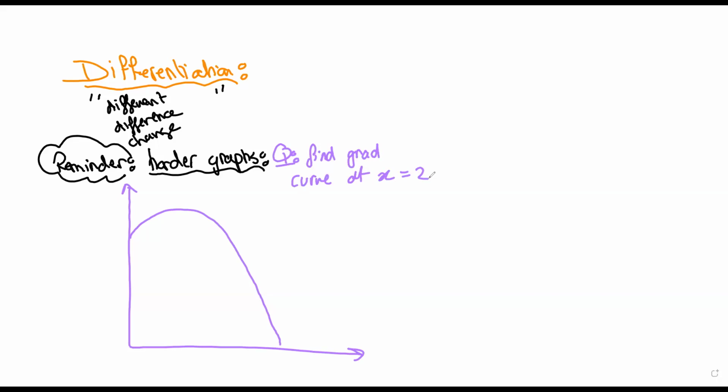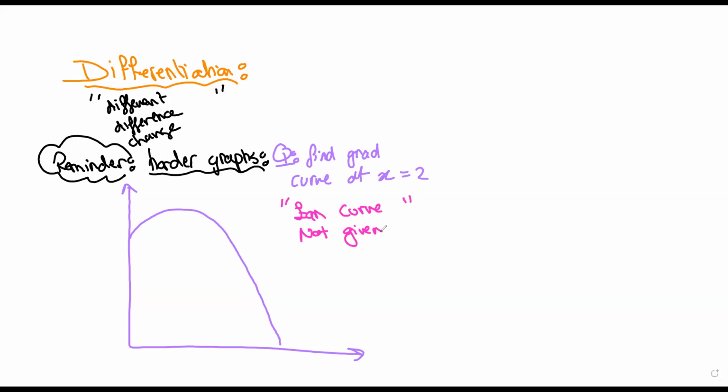So let's just remember together, how did we solve this question? And if you look at this example, you will find that the equation of the curve is not given. I'm just given الرسمة, as you can see.